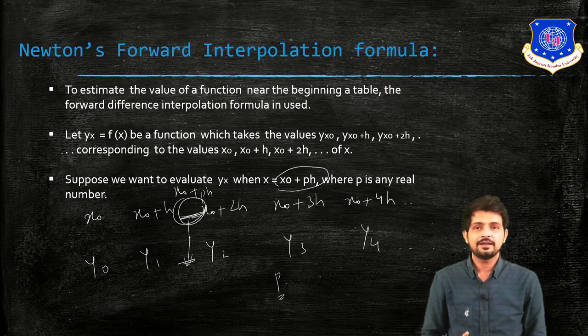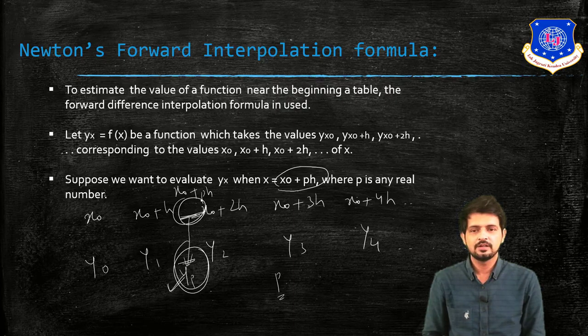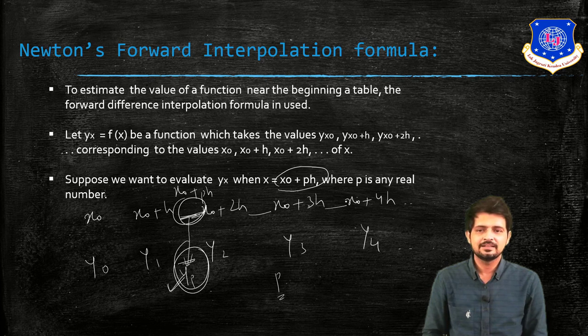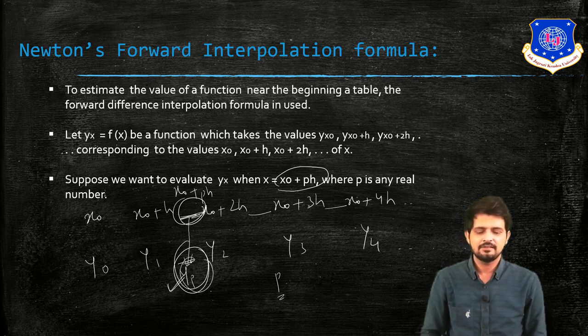If I want to find the value of y for x0 plus ph, then it can be written as yp. So I am interested in finding the value of yp. These are the given values. On the basis of these given values, I have to find the value of yp for x0 plus ph. Okay, this is the intermediate value. Similarly, x0 plus ph can be located here, here or anywhere in this range. So we are interested in finding the value of yp.